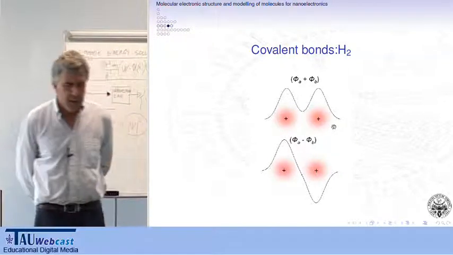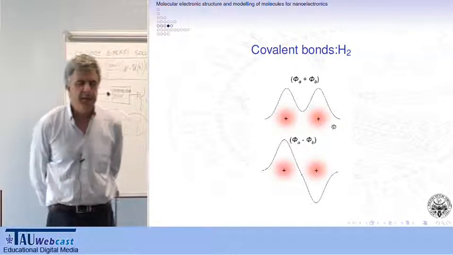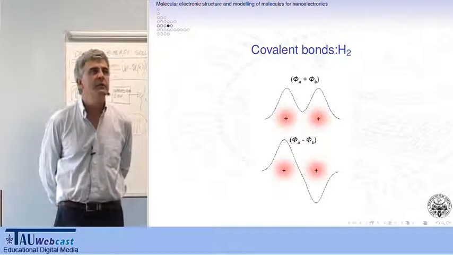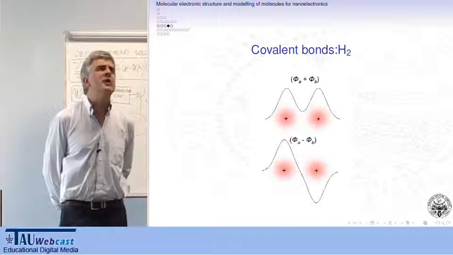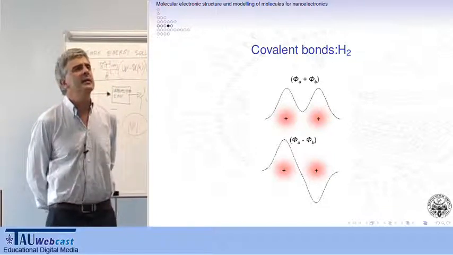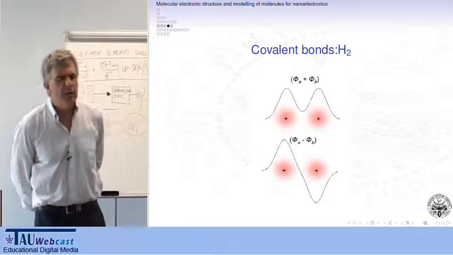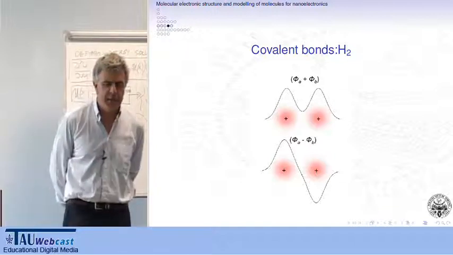In this figure, on the top, you have the symmetrical form, where you have done the sum of the two wave functions, phi A plus phi B.